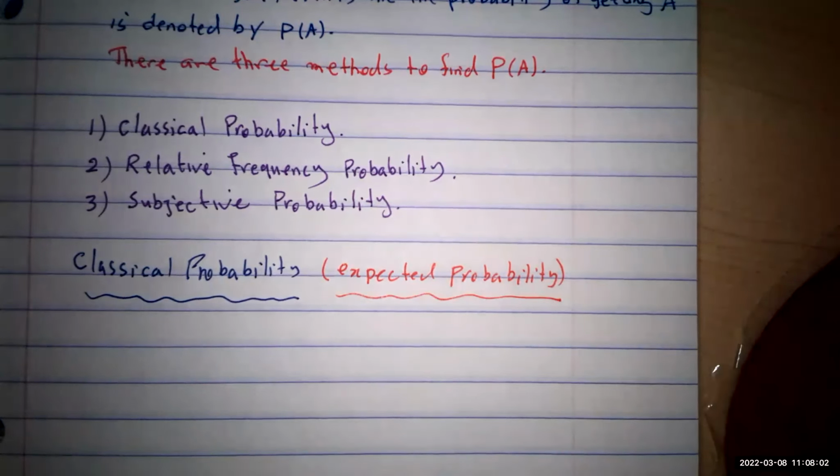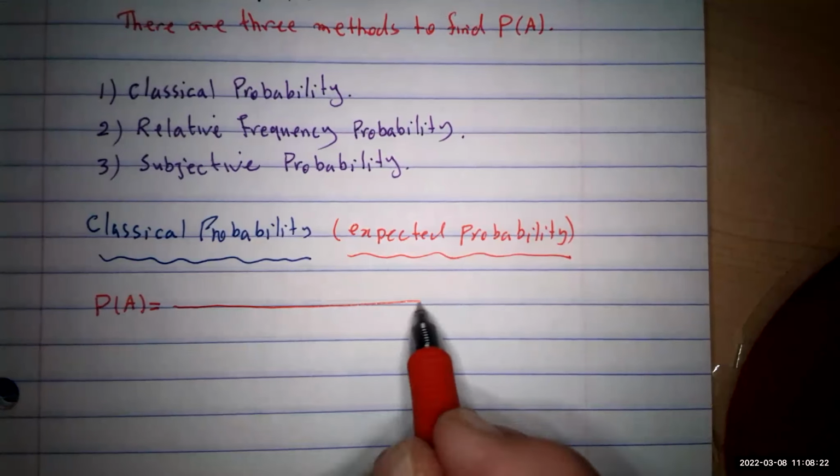And now, what is going to be the case for the event A? Probability of A is going to be equal to, remember A is an event, so it's a collection of outcomes, the members. So what you are going to get is a ratio, a fraction.